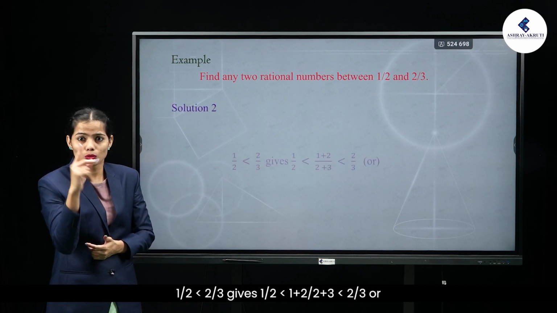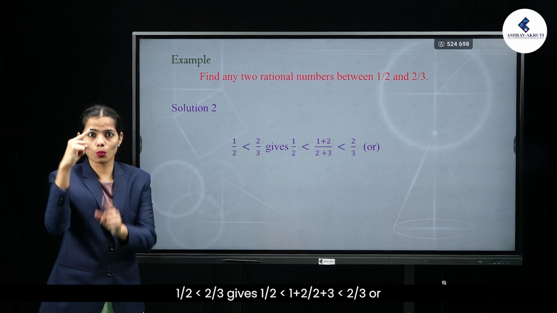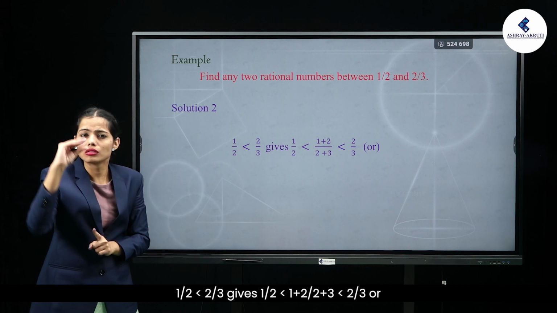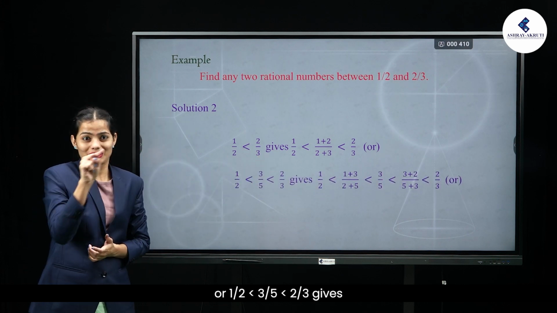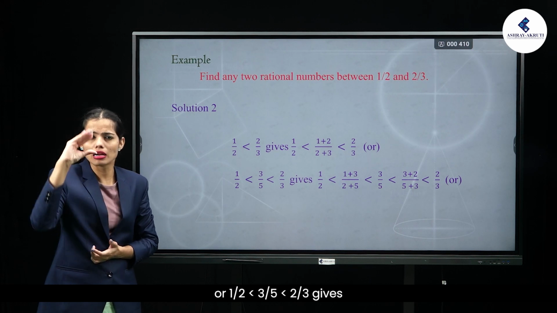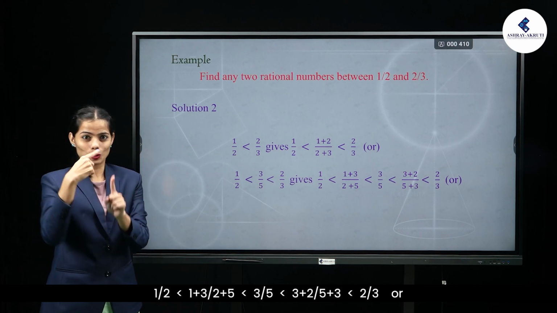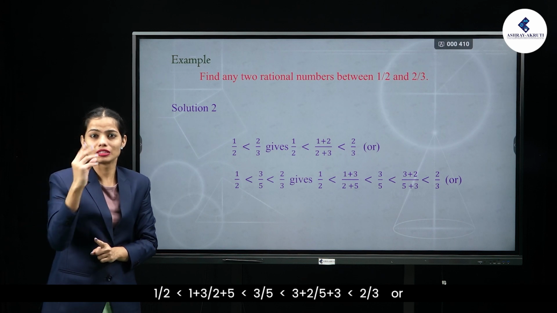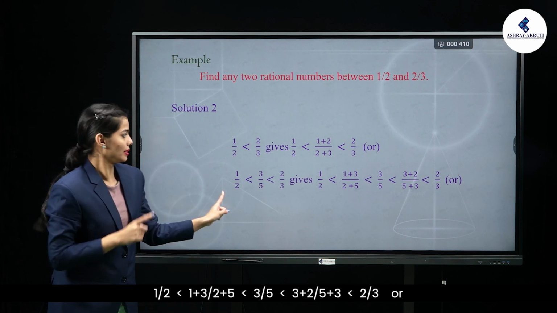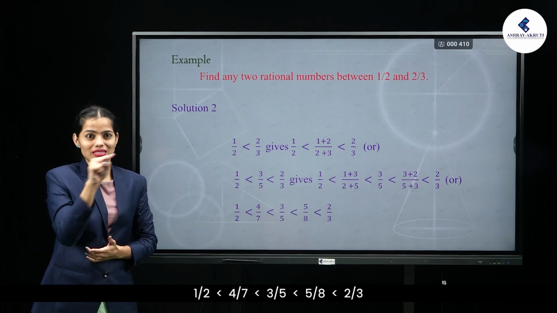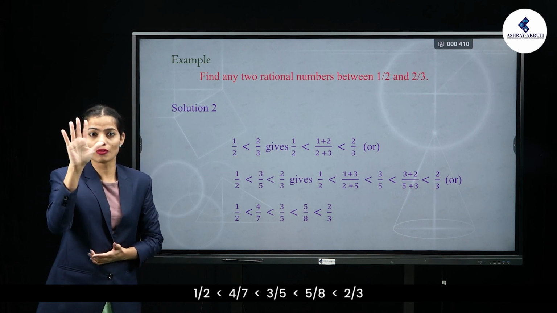Solution 2. 1/2 is less than 2/3 gives 1/2 is less than (1 + 2)/(2 + 3) is less than 2/3, or 1/2 is less than 3/5 is less than 2/3. This gives 1/2 is less than (1 + 3)/(2 + 5) is less than 3/5 is less than (3 + 2)/(5 + 3) is less than 2/3, or 1/2 is less than 4/7 is less than 3/5 is less than 5/8 is less than 2/3.